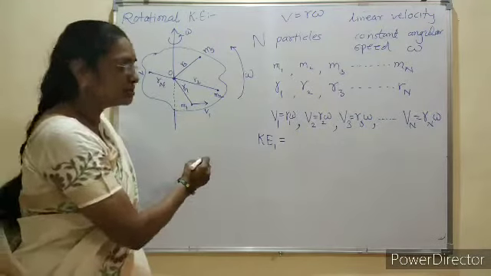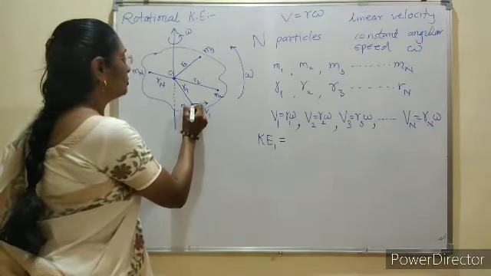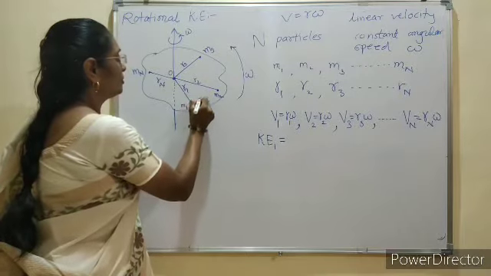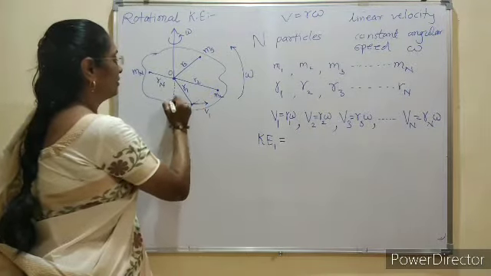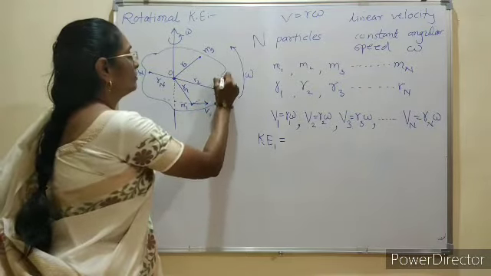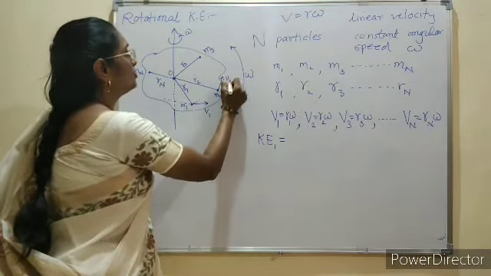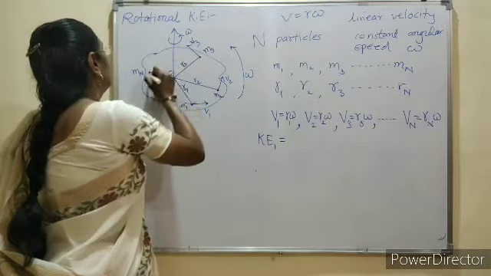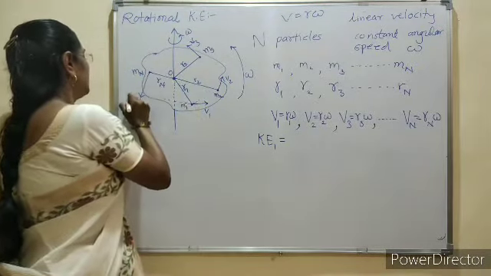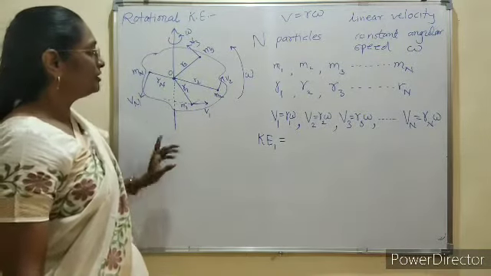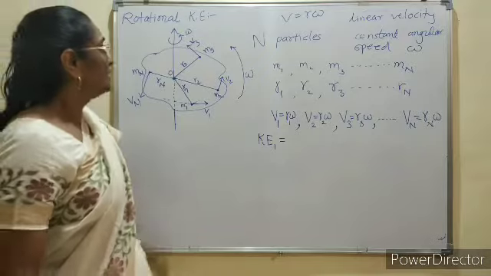Here the circular path is not shown, but you have to imagine the particle having a circular path in this way, and the tangent can be shown as v1. For m2 it is v2. For m3 it is v3. For mn it is vn, like this. So these are the linear velocities.